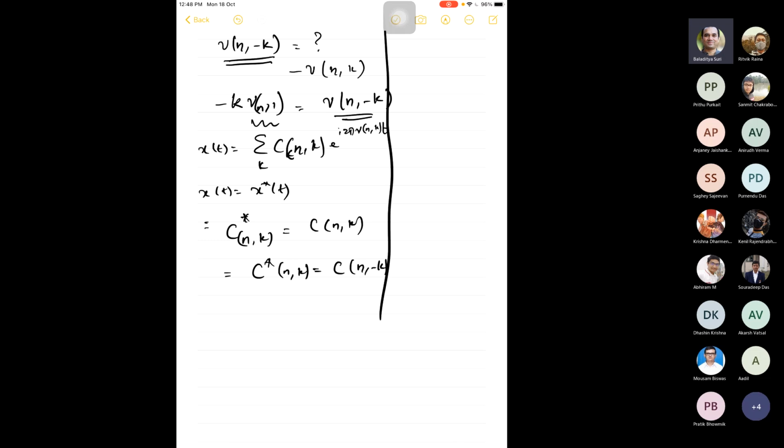Classically. Because for this nu nk, you have to take the complex conjugate of this complex exponential. That becomes e to the power of minus 2 pi i nu nk t, and that just becomes nu n minus k t. And that becomes c of n minus k. So this equality has to hold.